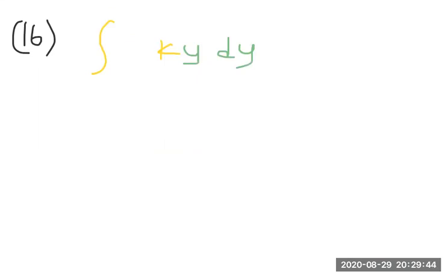Carefully observe, what is the integral of cos ky dy? It is sin ky, simply sin ky. We don't have a minus sign here, but internally a constant is there.